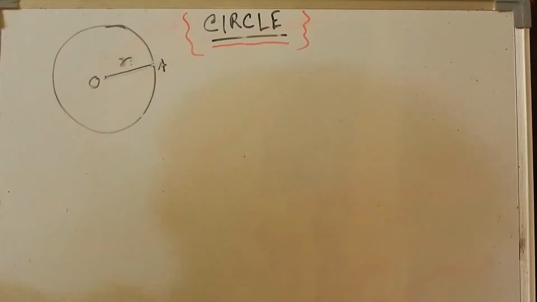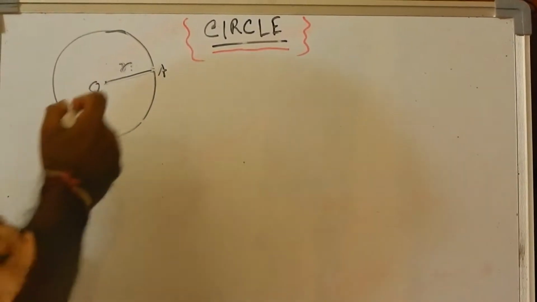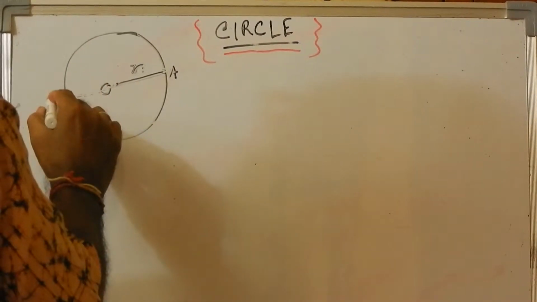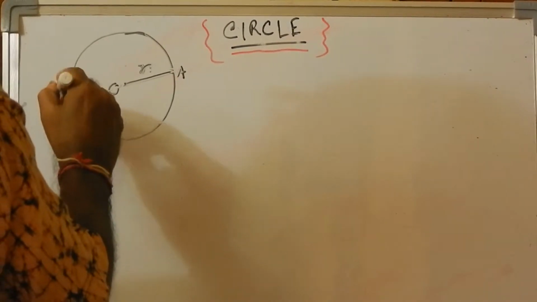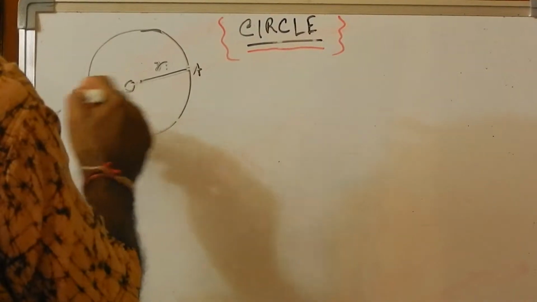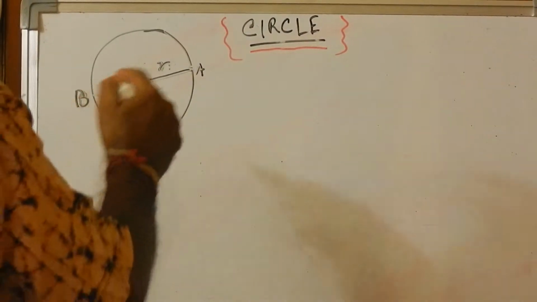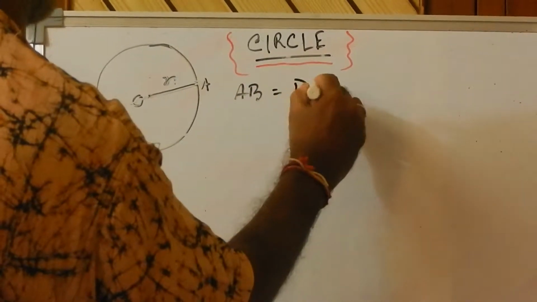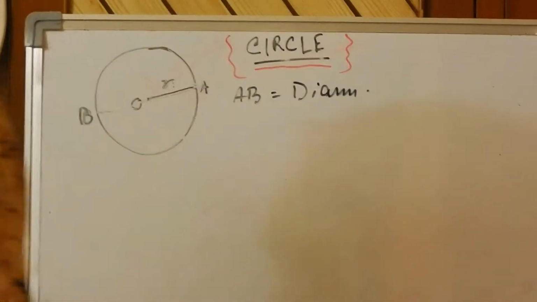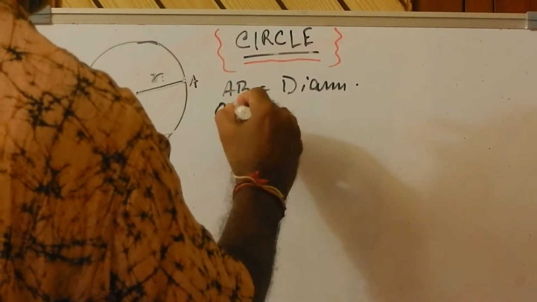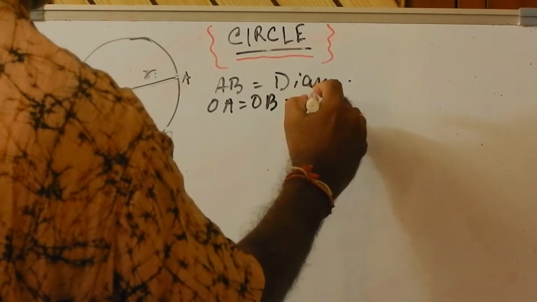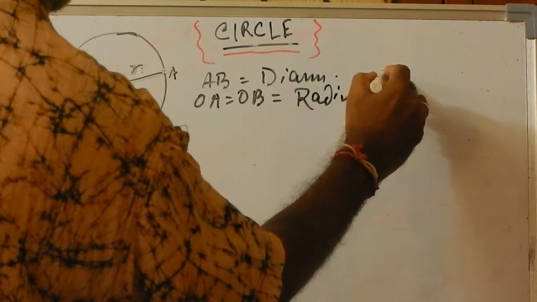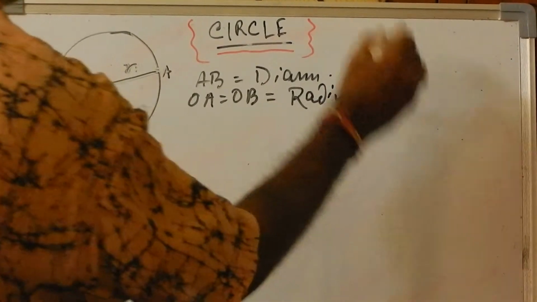So OA is the radius, and if we extend this line to this portion, suppose it is B, then OB is another radius, and total AB equal to diameter of the circle, and OA equal to OB equal to radius r, diameter it is taken as generally D.